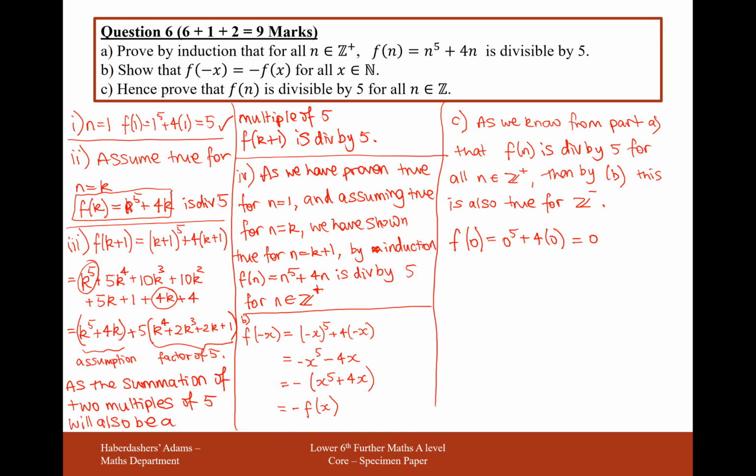And, well, I suppose technically, that is divisible by 5 by a factor of 0 is divisible by 5. So therefore, we can say that f of n is divisible by 5 for all n exists in the Z. Okay, so that was a bit of a different one towards the end there, but 9 marks in total.